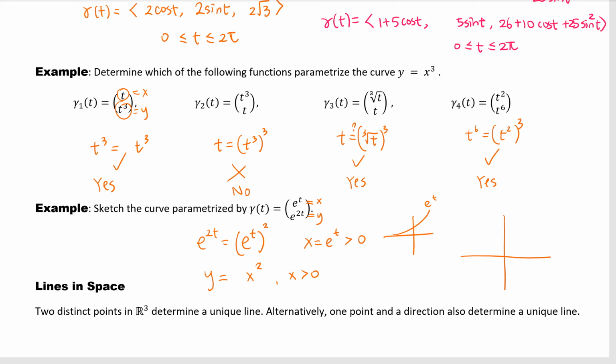This is a parabola, right? But my x is always positive. So this is the origin. We don't include the origin, and then we have the parabola. Now let me draw it better. It passes through (1, 1), and (2, 4), etc. Okay, so this is our answer.